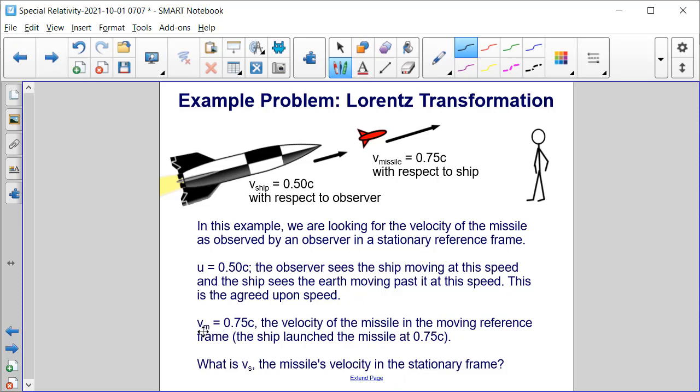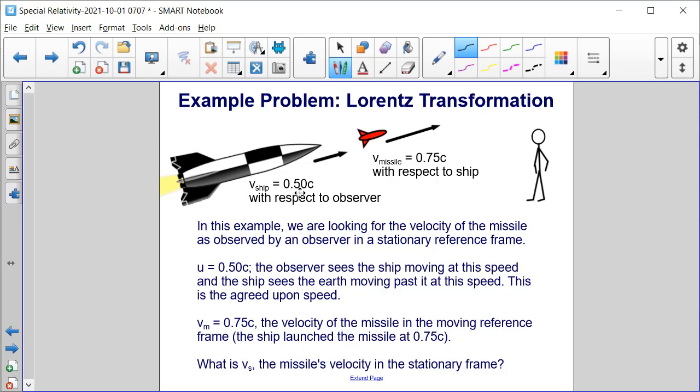Vm is 0.75 c. Vm doesn't stand for missile, which can be a little confusing. It's the velocity of the moving reference frame, so the velocity of the missile in the moving reference frame. Why? Because the ship launched the missile at 0.75 c relative to itself, but the ship is still moving and the missile is moving. So what is Vs, the missile's velocity in the stationary frame?